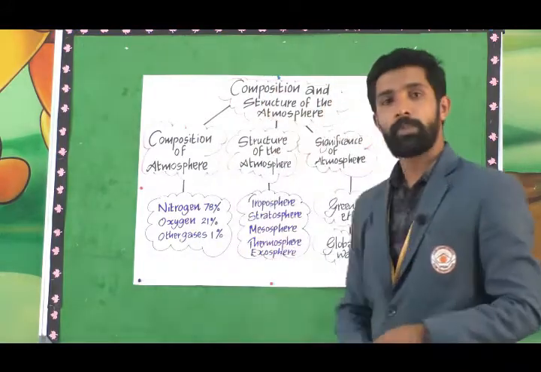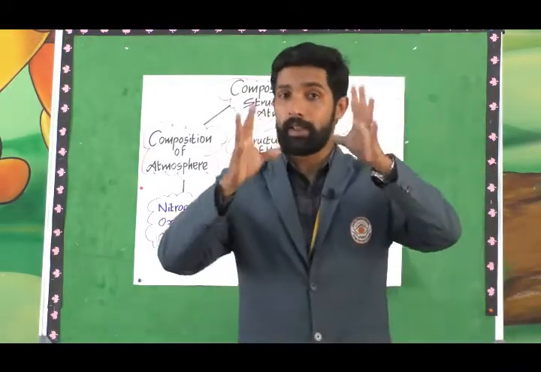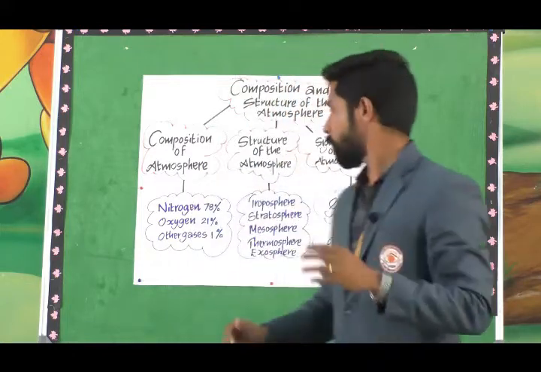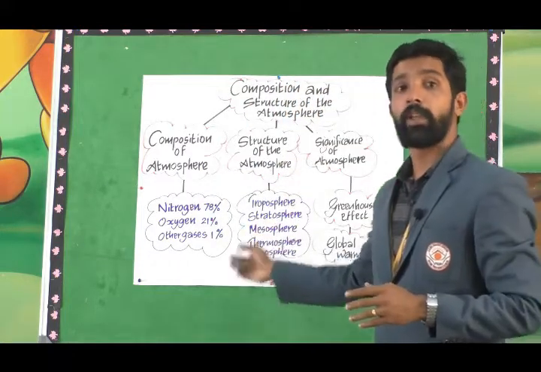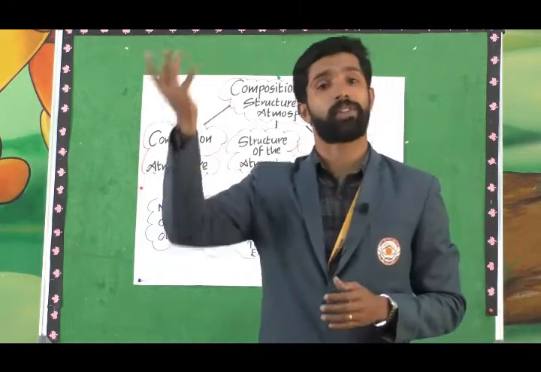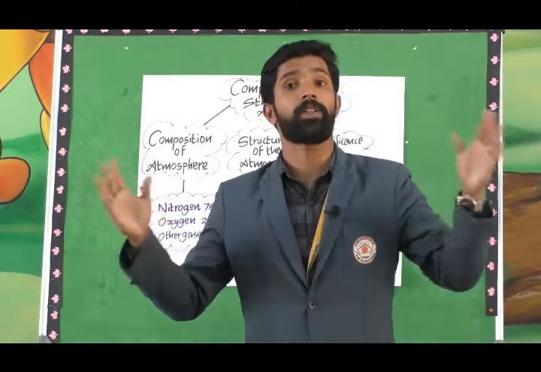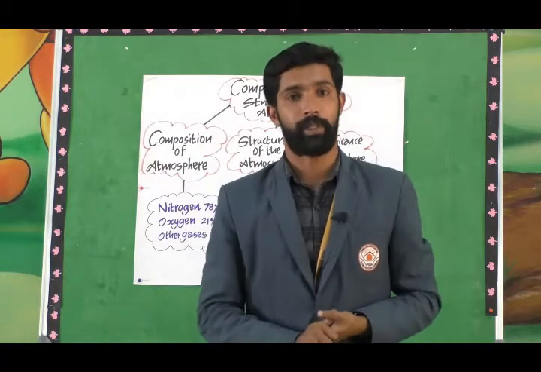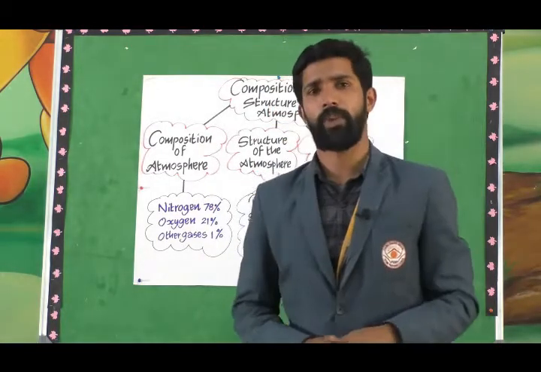And next one was stratosphere. This layer lies above the troposphere and extends to a height of about 50 kilometers above the surface. And next one was mesosphere. This layer lies above the stratosphere and it extends to a height of about 80 to 85 kilometers above the Earth's surface.